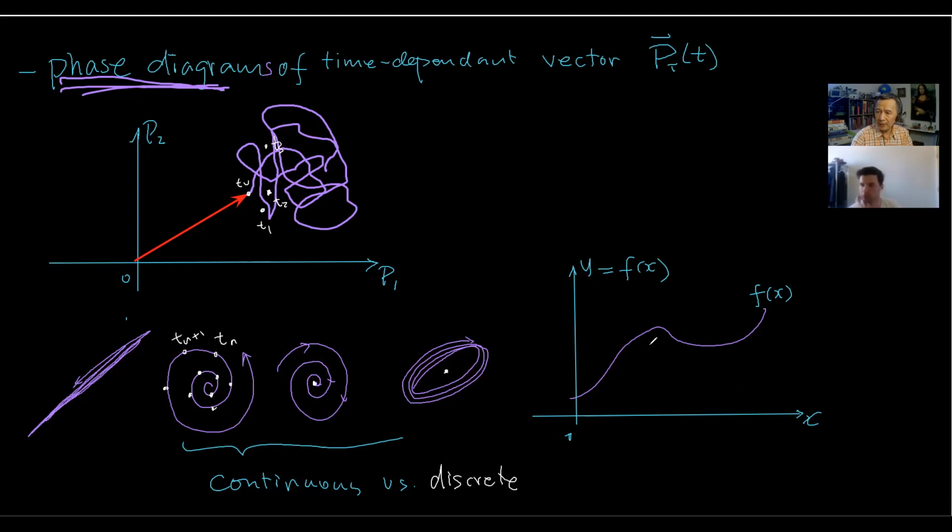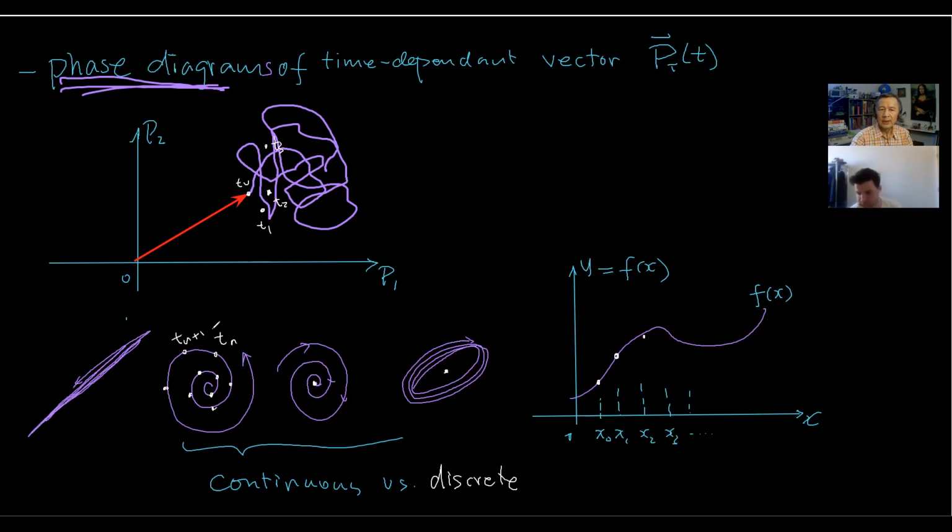However, you can also study this discretely. We just divide this x into equal intervals, so that becomes x0, x1, x2, x3, and so on.